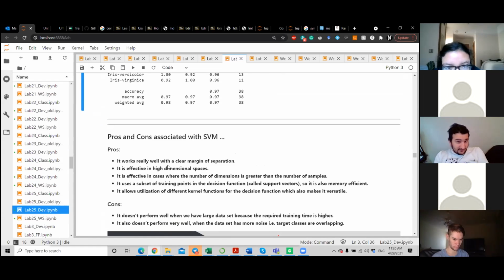It works really well with a clear margin of separation. It is effective in high dimensional spaces. It is effective in cases where the number of dimensions is greater than the number of samples. It uses a subset of training points in the decision function, so it is also memory efficient, and it allows utilization of different kernel functions for the decision function, which also makes it versatile and flexible for different kinds of problems.